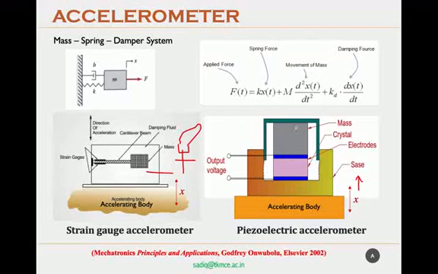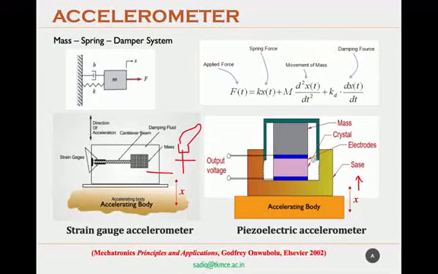Since this accelerometer was preloaded, in that case the force on the piezoelectric crystal will not be relieved totally, and that is why we have preloaded the crystal by pushing this cap inside the base.